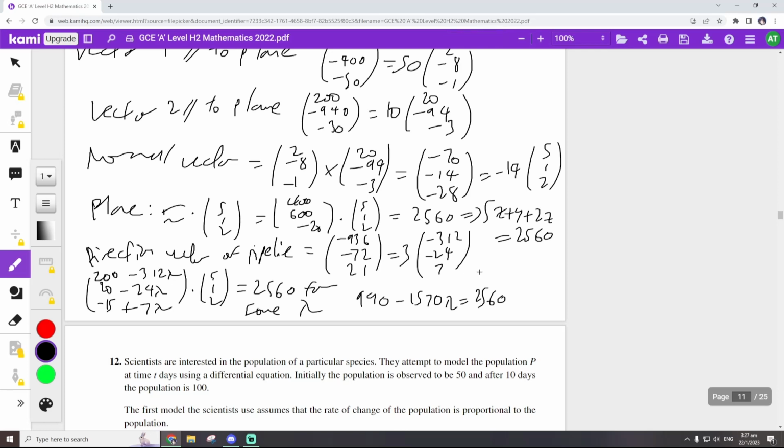And of course you will notice that in this case actually, lambda is negative 1. Okay. So you can find that the coordinate of intersection is 512, 48 and what? Sorry, not 48 but 44 and negative 22. So this is where the pipeline intersects with the rock.